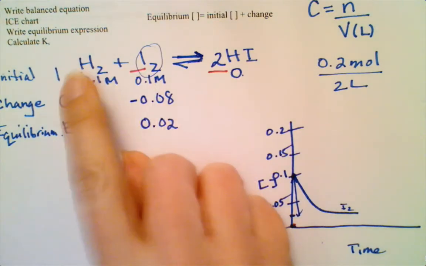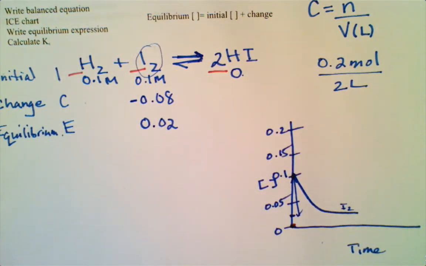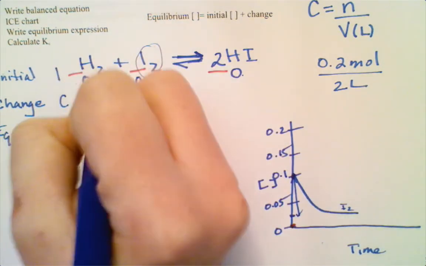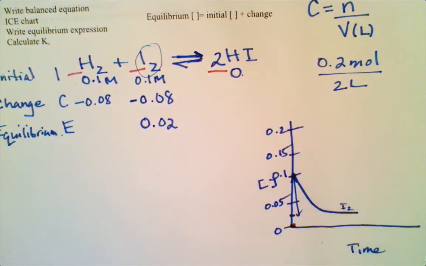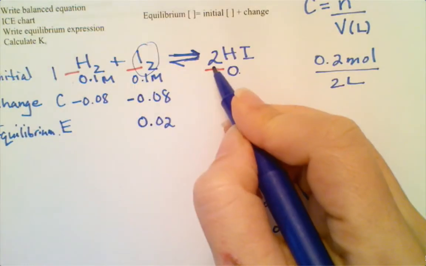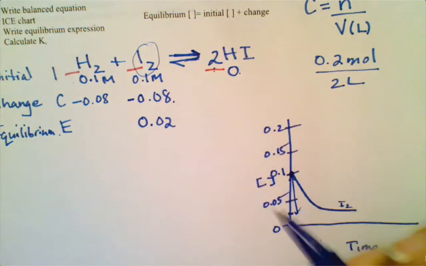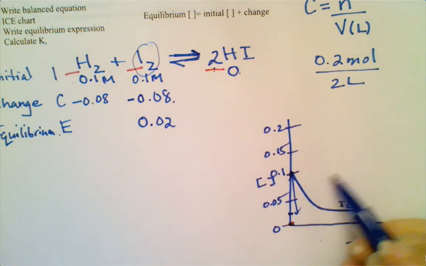Because iodine and H2 are 1-to-1, this is going to change by the same amount. This is going to change by double that value, but instead the concentration is going to increase.